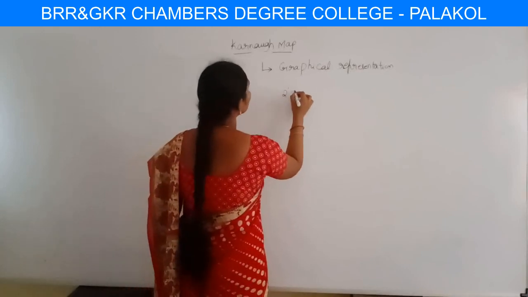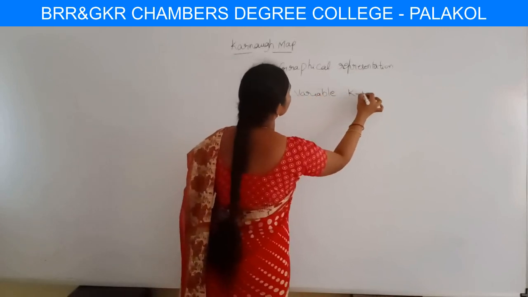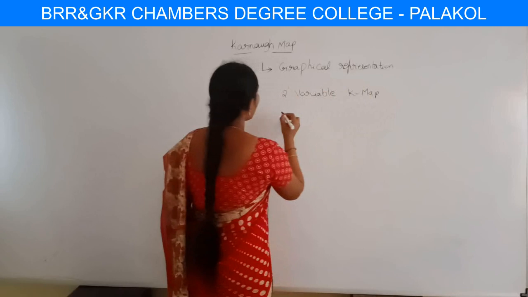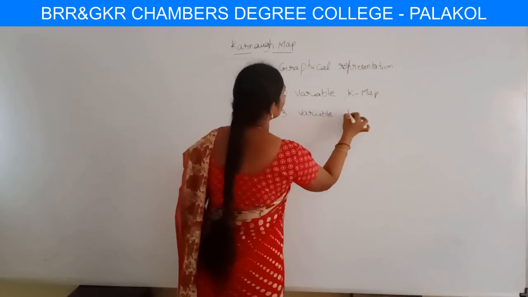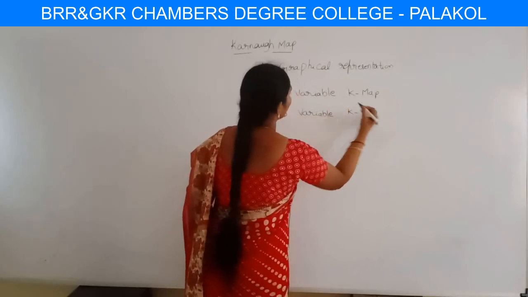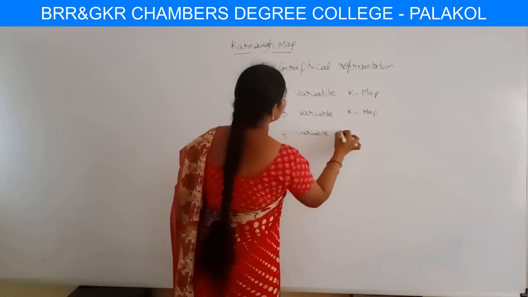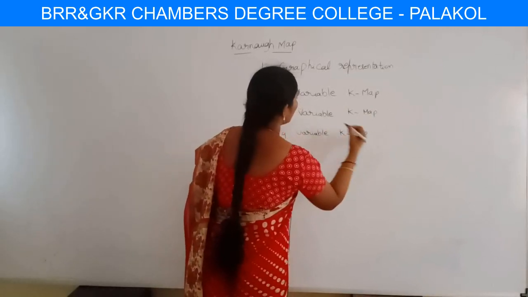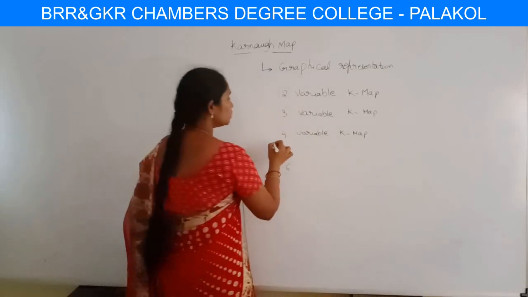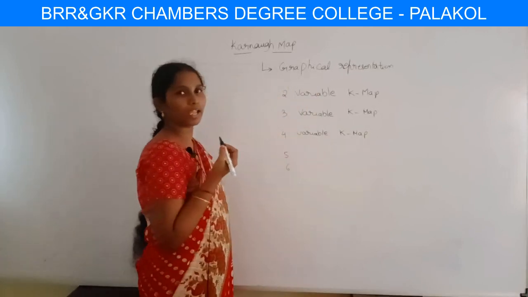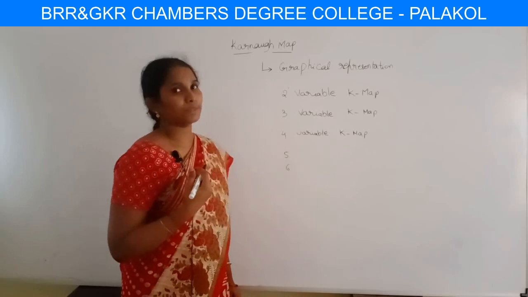Those are the two variable K-map, three variable K-map, and four variable K-map, and also 5 variable and 6 variable K-maps are there, but we use only up to the 4 variable K-map. After that it is very difficult to simplify the logical expressions.